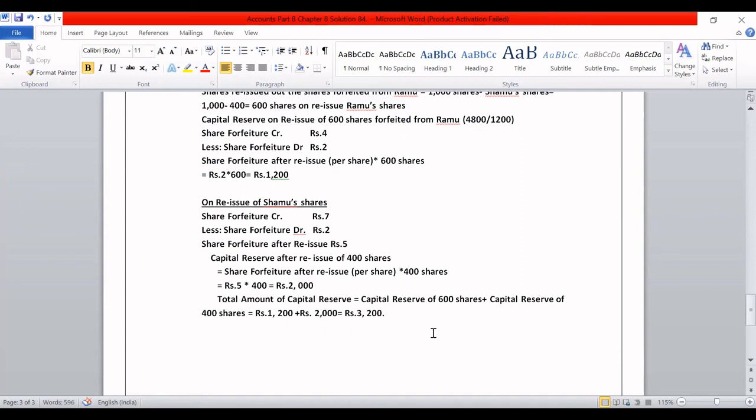Now, the total amount of capital reserve equals capital reserve of 600 shares plus capital reserve of 400 shares, that is 1,200 of Ramu plus 2,000. And that's how we get this 3,200.